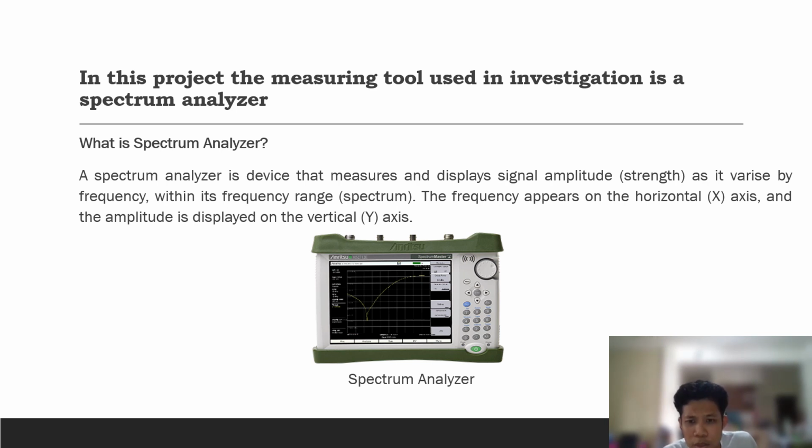The frequency appears on the horizontal x-axis and the amplitude is displayed on the vertical y-axis. The spectrum analyzer can be used to measure frequency response, noise distortion, occupied bandwidth, interference source, and pre-compliance testing.